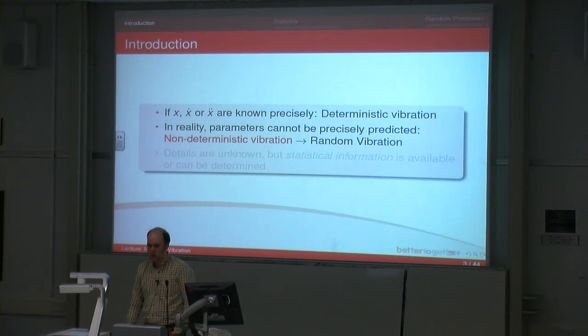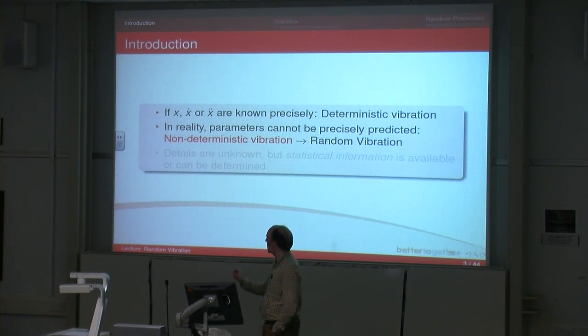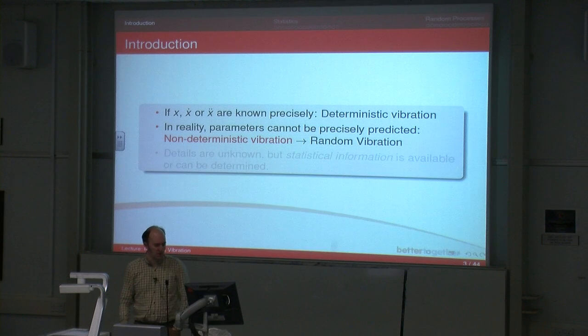Often, though, you cannot precisely determine those things, and that means we're dealing with non-deterministic vibration, also called random vibration. So you're measuring something, and that motion might have a random element to it that you can't control, so you don't get the same response every single time.